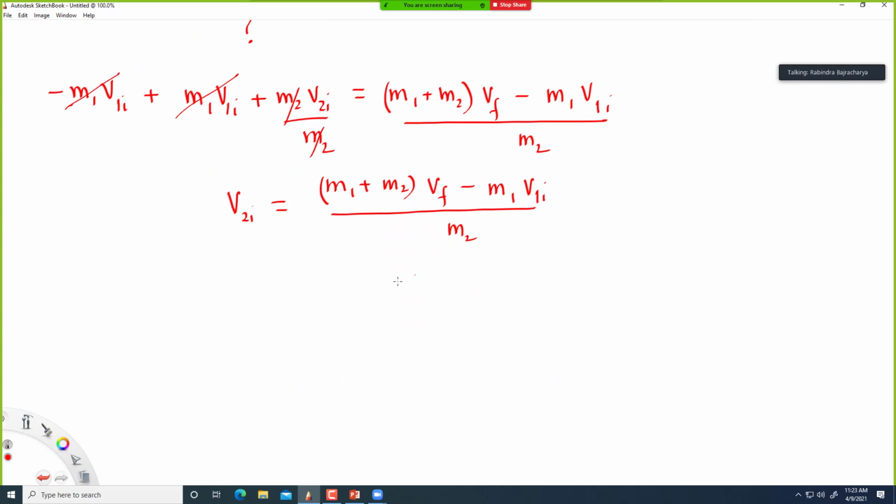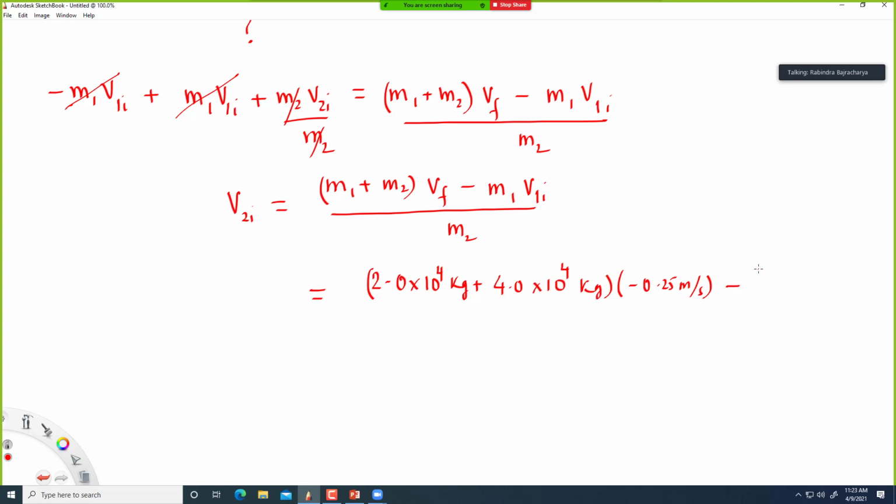So M1 is 2 times 10 to the 4th kilogram. M2 is 4 times 10 to the 4th kilogram. V final is negative 0.25 meters per second.